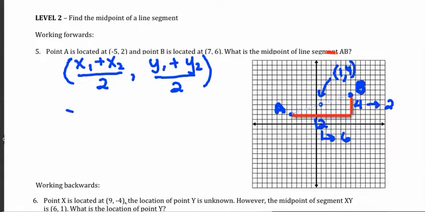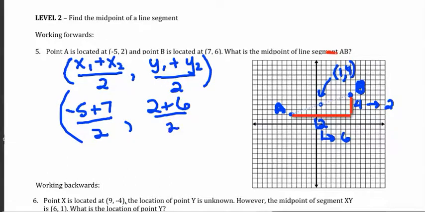-5 plus 7 over 2 and 2 plus 6 over 2. Let's see, -5 plus 7 is 2. 2 plus 6 is 8. So our coordinate here, 2 divided by 2 is 1, 8 divided by 2 is 4.